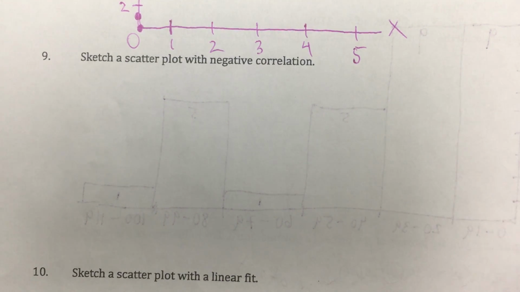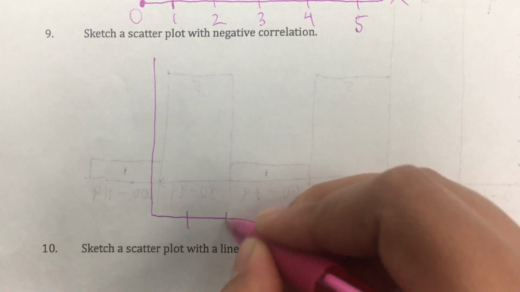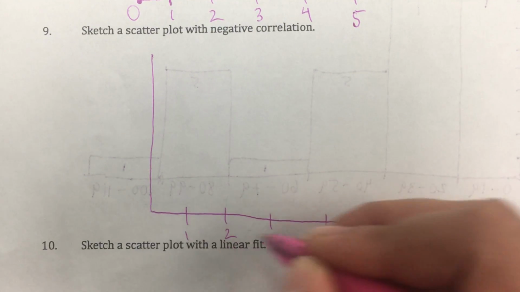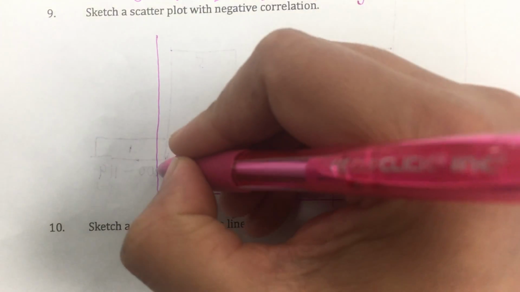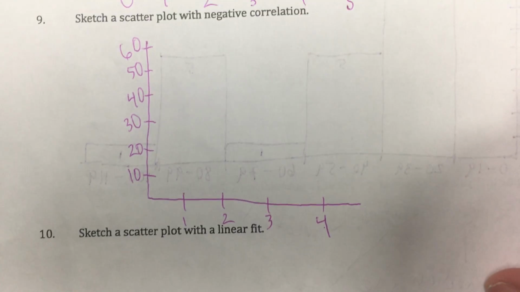Number 9 says sketch a scatter plot with negative correlation. So maybe you have something like this: 1, 2, 3, 4. Let's go by the 10s: 10, 20, 30, 40, 50, 60, and it says negative correlation.